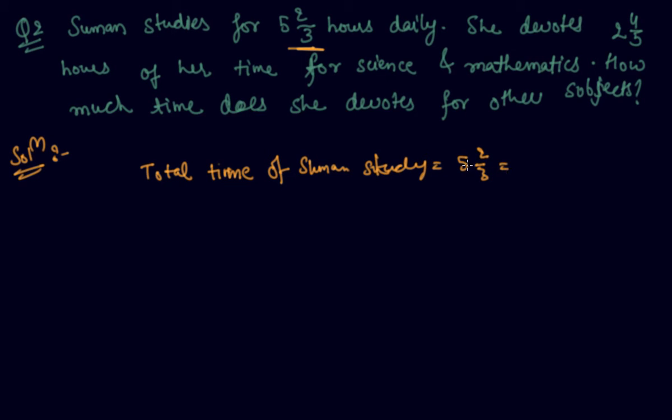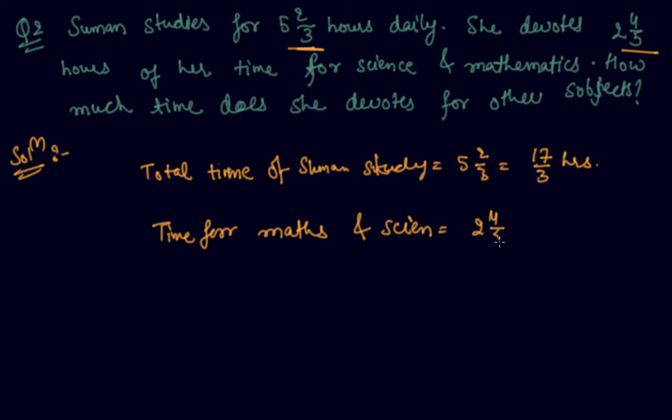I can simply write it as 5 into 3 plus 2, which is 17 by 3 hours in a day. She devotes this much time to science and mathematics. Time for maths and science is 2 and 4 by 5, so this will be 14 by 5 hours.